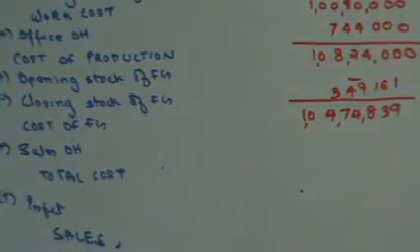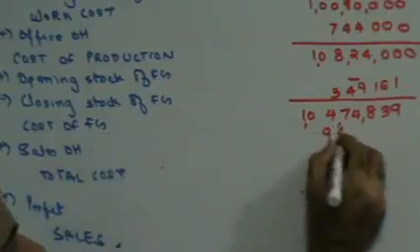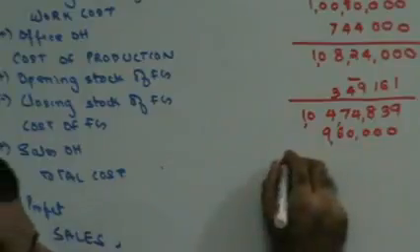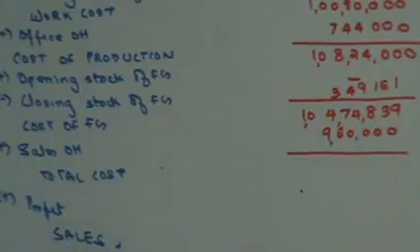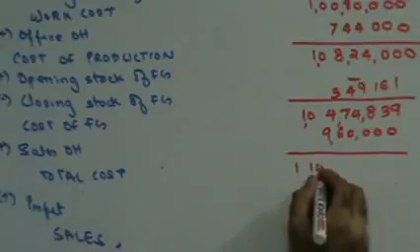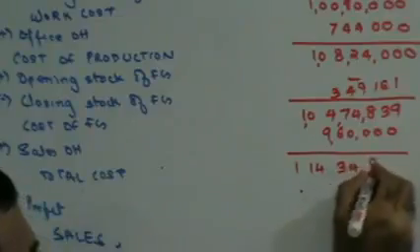Next, let's see the selling overheads. They are saying that selling overheads is 8 rupees per unit sold. You have sold 1,20,000 units. 1,20,000 into 8 is going to give you 9,60,000. So my selling overheads is going to be 9,60,000. Total cost when you add the two will be 1 crore 14 lakhs 34,839.